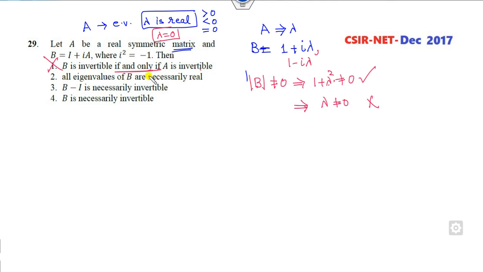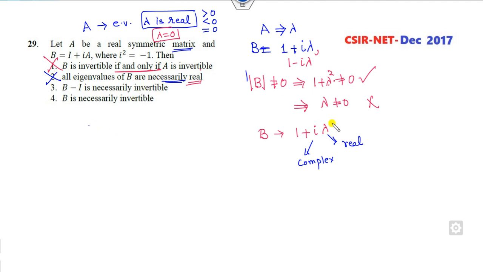All the eigenvalues of B are necessarily real. Is that true? What are the eigenvalues of B? 1 plus iota lambda. Now you can see lambda is a real number. So this will always be a complex number. Is it necessarily real? Cancel out. B minus I is necessarily invertible.